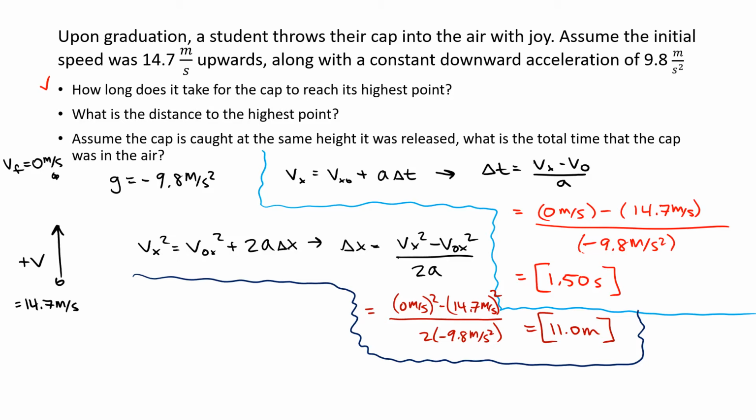But I'll say the shortcut way in this one, since I'm running out of time, is that since it's thrown and caught at the same exact height, the arc it takes will be half going up and half going down.